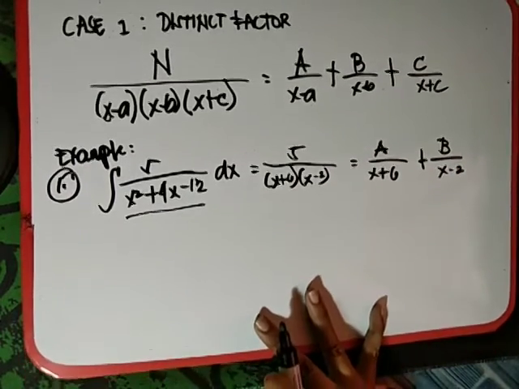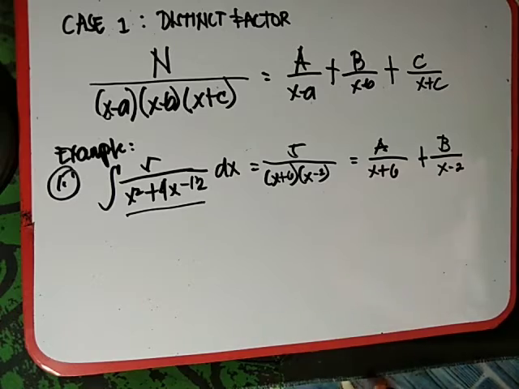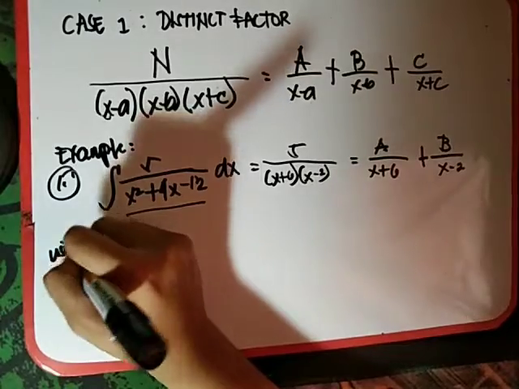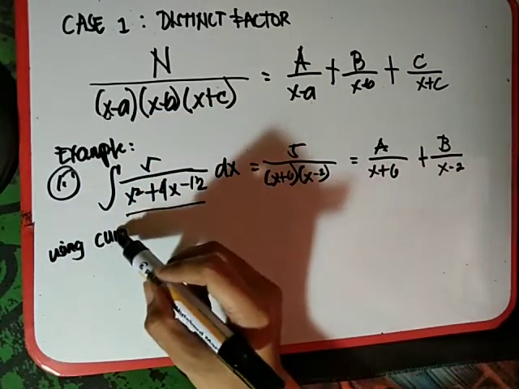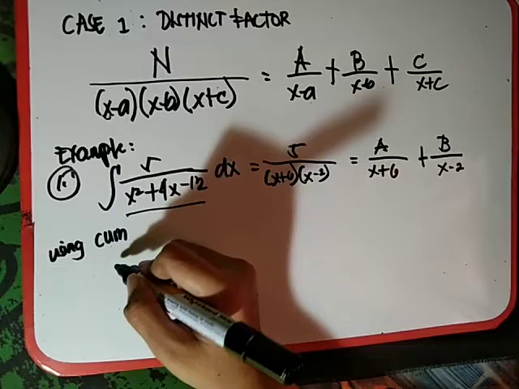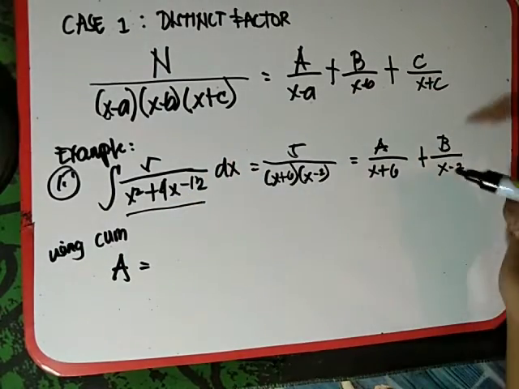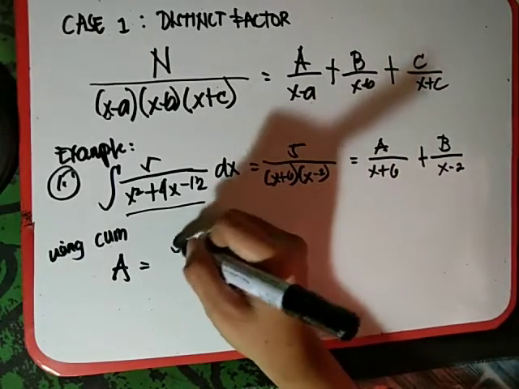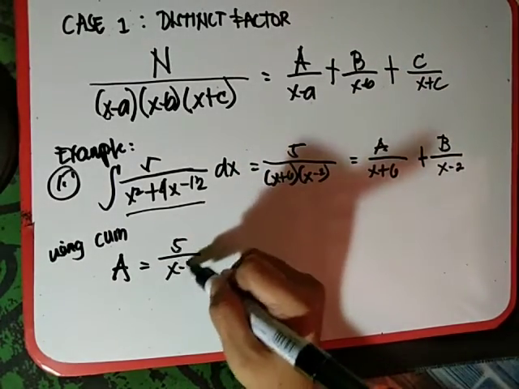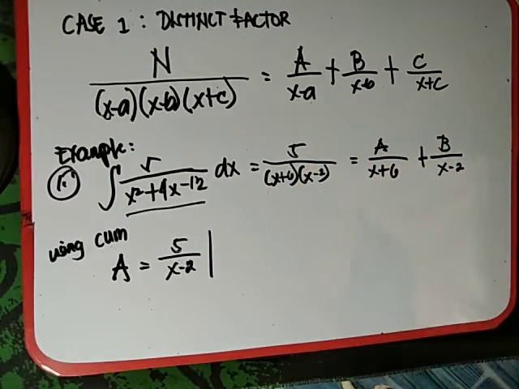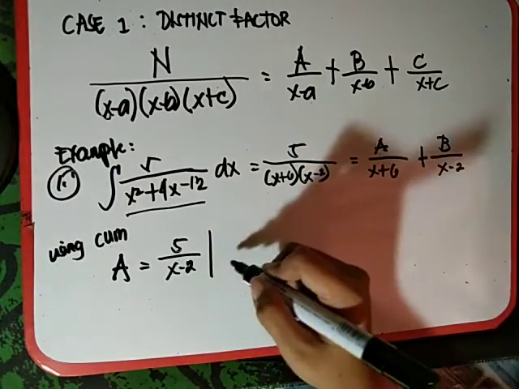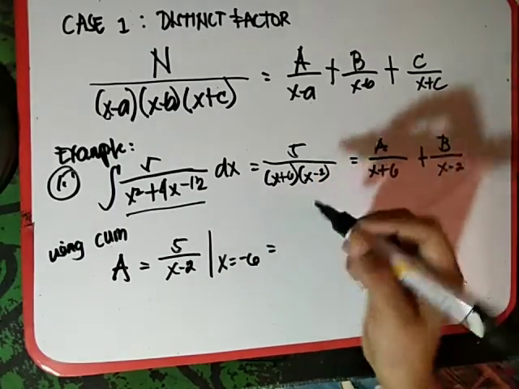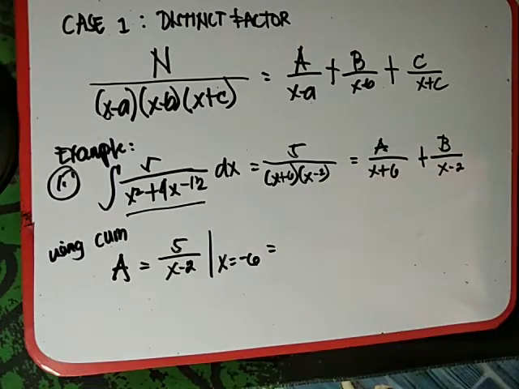So we will use the cover up method. We have a is equal to 5 over x minus 2, and here we will eliminate the 6, so we set x equal to negative 6. We substitute negative 6 to the x.